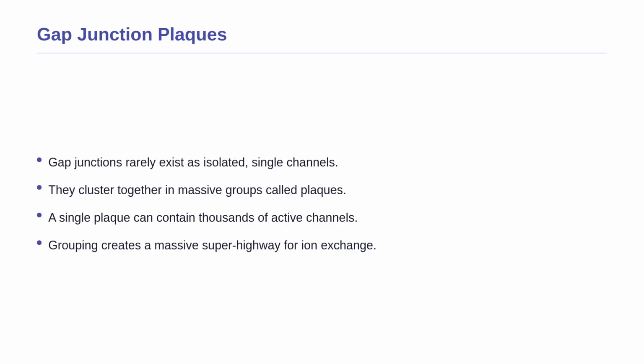It does not just have one secret door. It has a plaque containing thousands of active gap junction channels side by side. While one single pore is incredibly tiny, grouping thousands of them together creates a massive superhighway for ions, allowing a massive flood of electrical signals to cross in mere milliseconds.